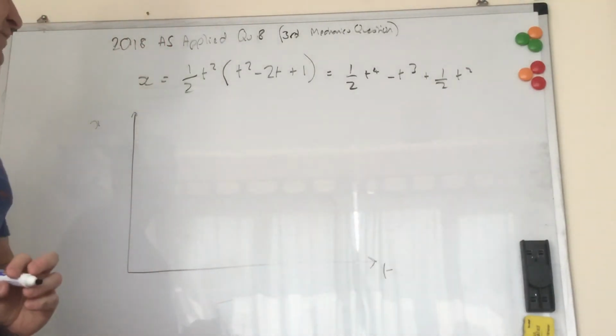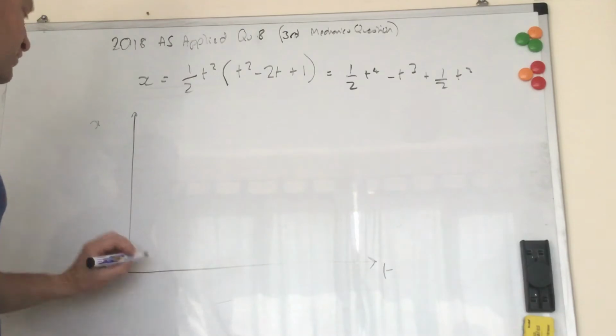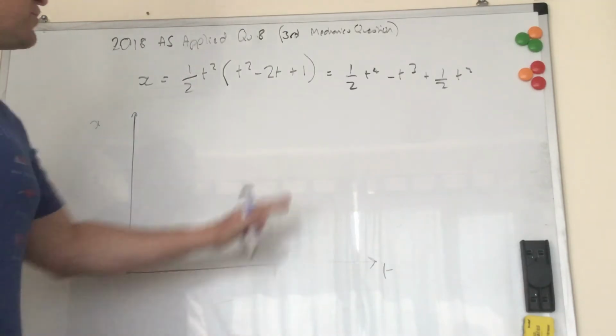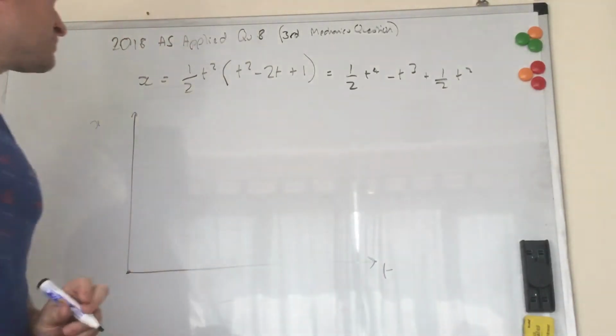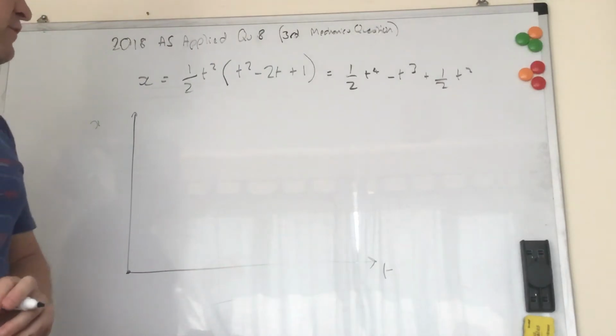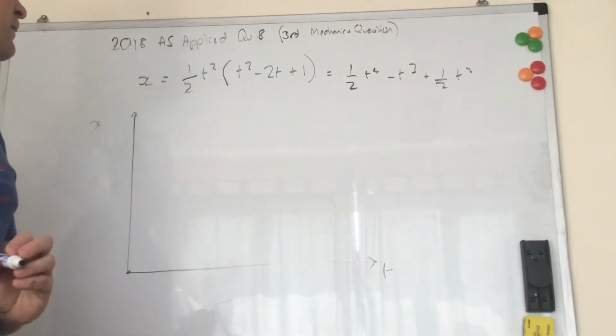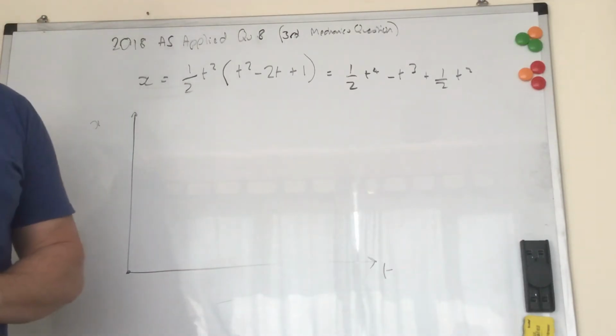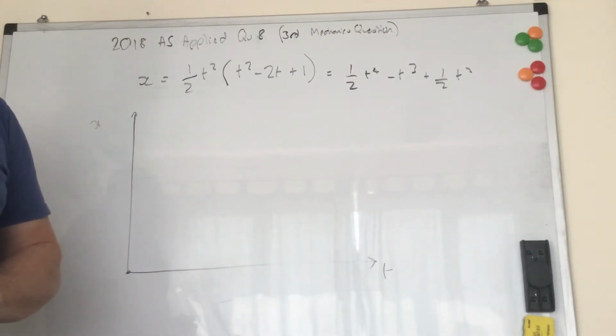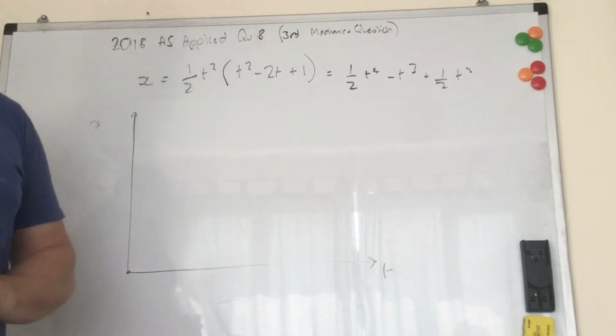It's a bit confusing, but I know it's got to go through the origin, because there's nothing left at the end, there's no y-intercept. I know it's going to have a flattening out at t equals a half. I know it's going to have another flattening out at t equals 1.